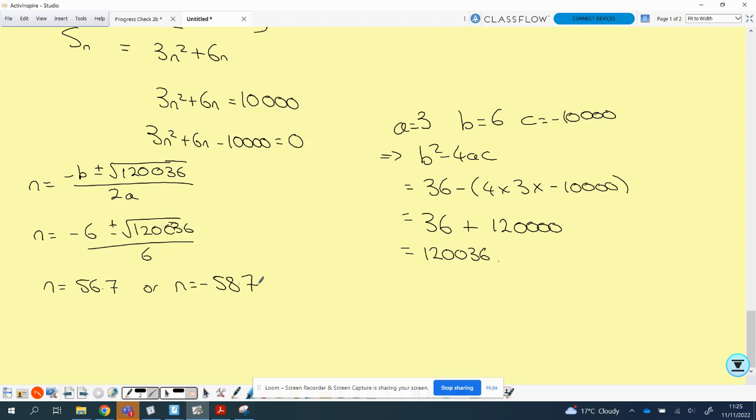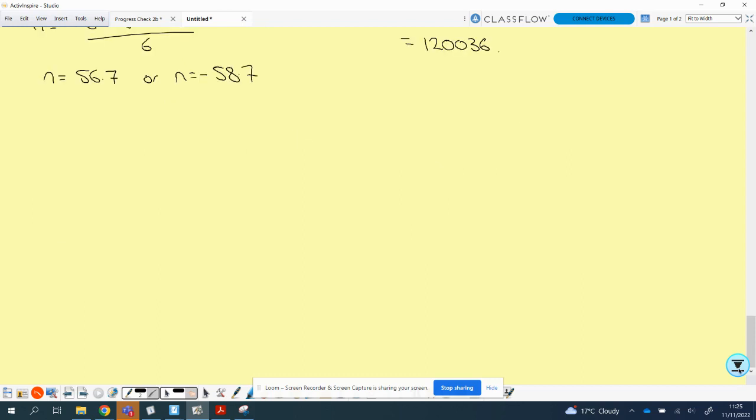Now remember, n is the amount of terms, so it doesn't make sense that we have a negative value. We can't use that one there. So we're going to let n equal 56.7 as the only valid solution, as n needs to be positive.